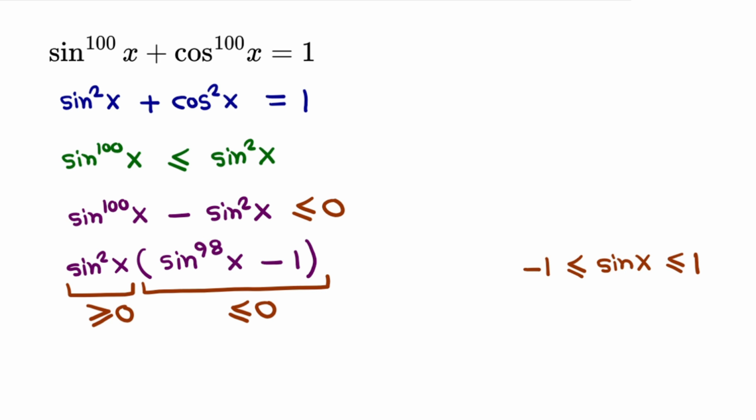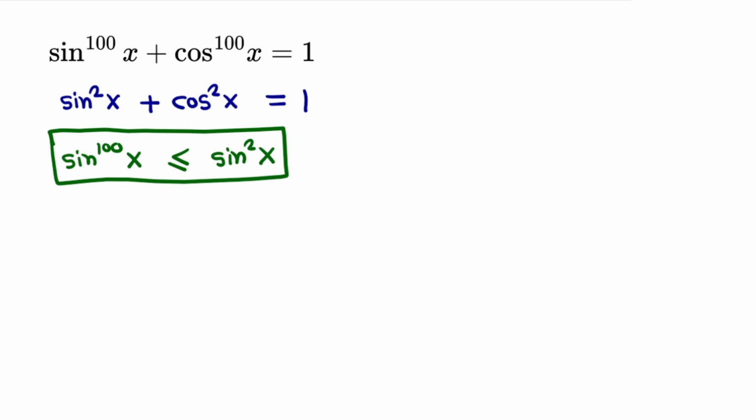That proves our claim. Sine of x raised to the 100th power is always less than or equal to sine squared of x. The exact same argument works for cosine. So, cosine of x raised to the 100th power is also less than or equal to cosine squared of x.